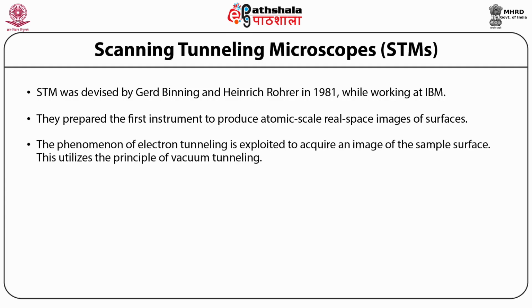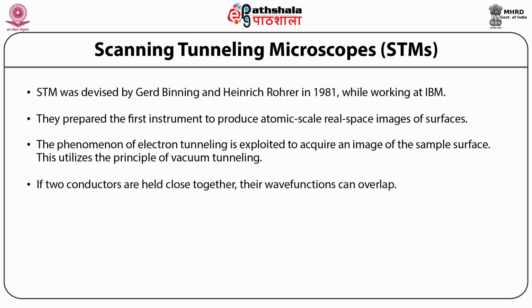The phenomenon of electron tunneling is exploited to acquire an image of the sample surface. This utilizes the principle of vacuum tunneling. Here, the tunneling probe and the surface are brought near contact at small bias voltages. If two conductors are held close together, the wave functions can overlap.